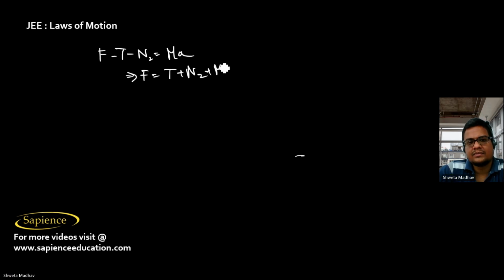So F minus T minus N2 is equal to Ma. Therefore, F will be equal to T plus N2 plus Ma.